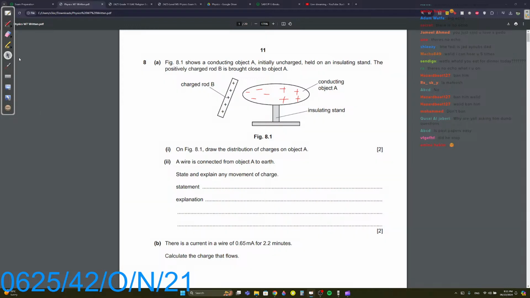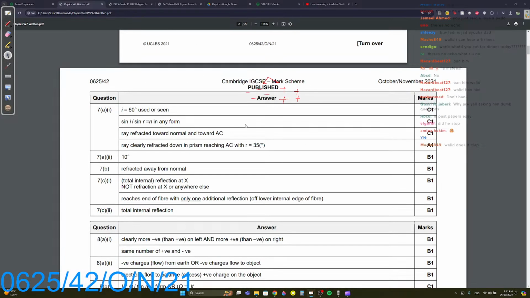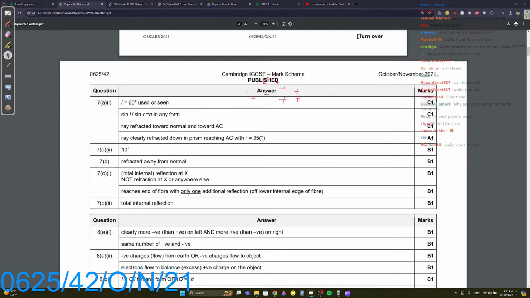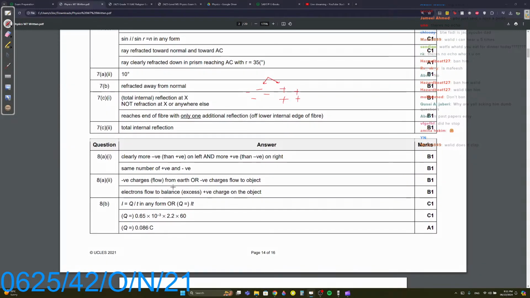What's important here is to know that you must have equal number of positive and negative charges. Okay, they must be equal. There's a mark for that. There has to be, of course, more negative on the left, and then more positive on the right, like we have here.